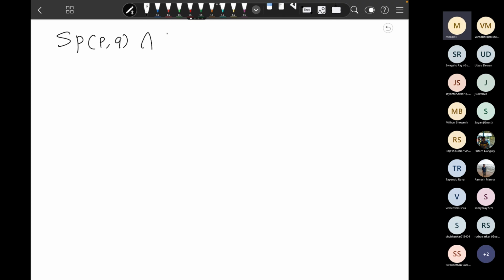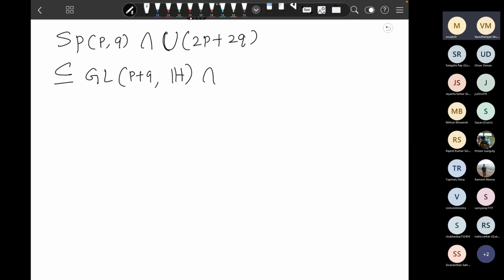Okay, I want to really find this SP(P,Q) intersection U(2P+2Q). So this is the same thing as, okay, this is actually a subset of GL(P+Q,H) intersection U(2P+2Q).